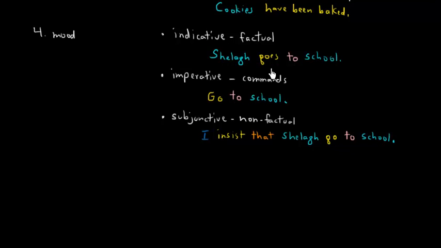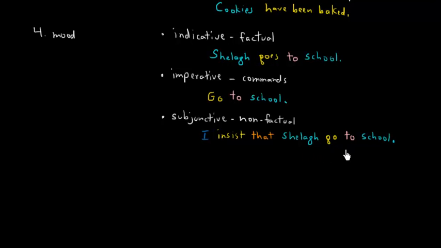So you can see in this verb phrase up here, in the indicative, Sheila goes. This happens to be the present. Okay? And so it is in the third person singular form. It's a tensed form. It's in the third person singular to match Sheila.